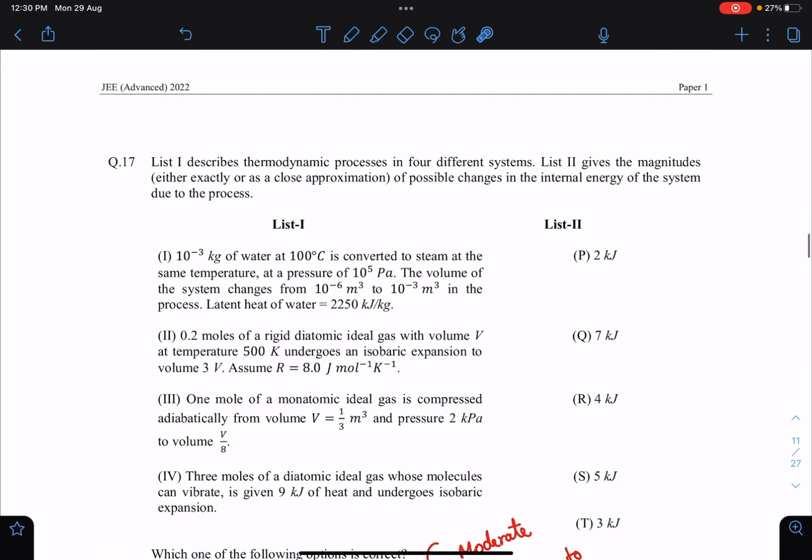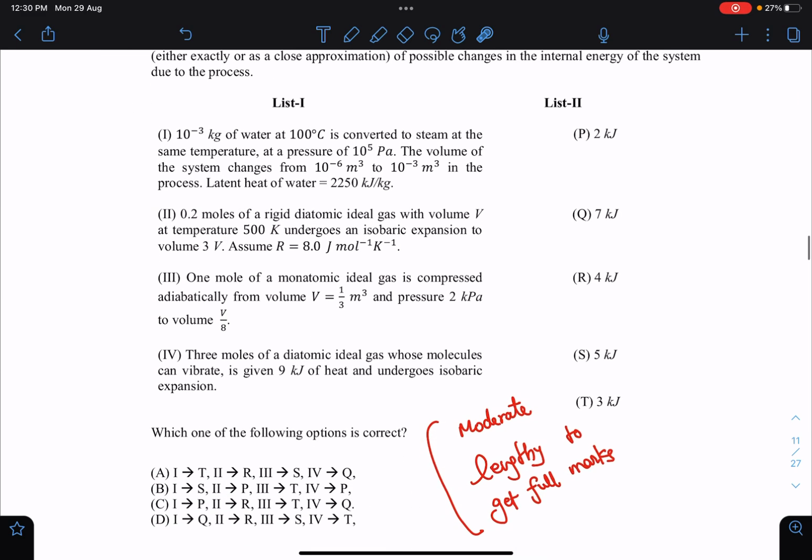And question number 17 is also a similar type of question, lengthy in the sense that it has four different problems. So again, it was easier from here, but they are smartly playing. You can see here P triple R. So this is one area where we can use the second option.